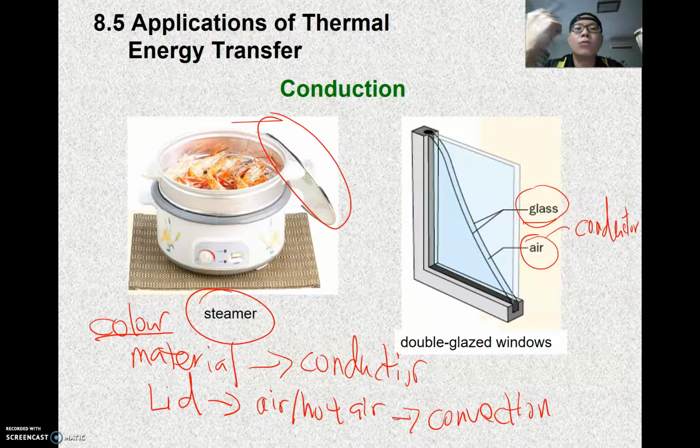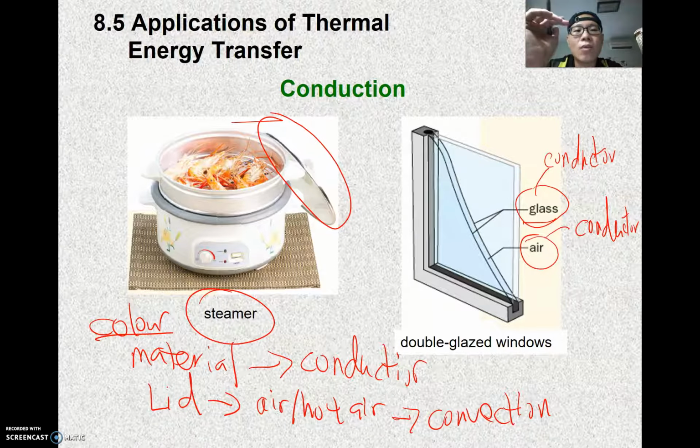When we talk about glass, we are talking about the conductor. Because remember, based on the question itself, it doesn't indicate whether it's a shiny surface glass or a tinted glass. It's just glass. So the most basic assumption we are looking at for glass is just a transparent glass with no colors.